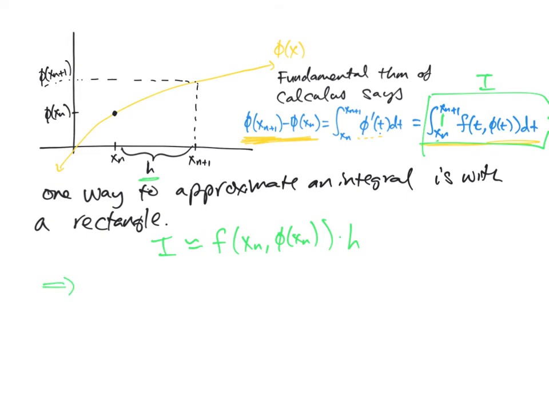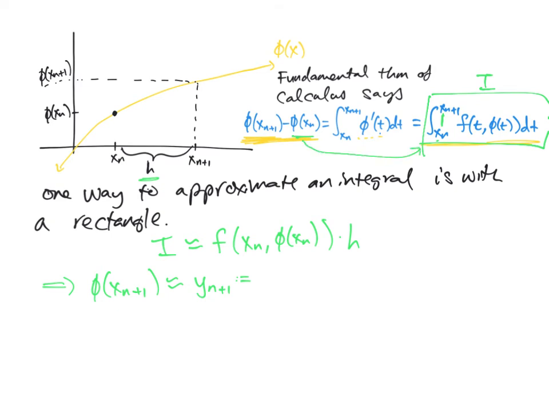And so that gives us that our phi of xn plus 1 is approximately equal to our yn plus 1, which we're going to define to be, now I'm going to move this over to the other side.